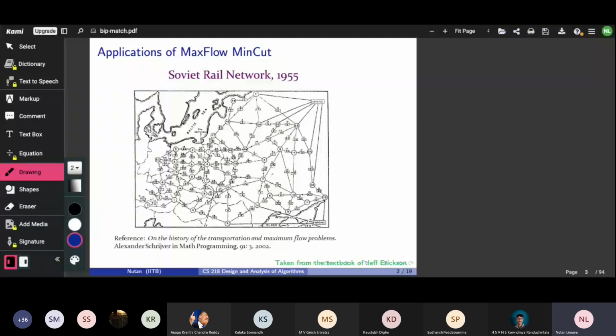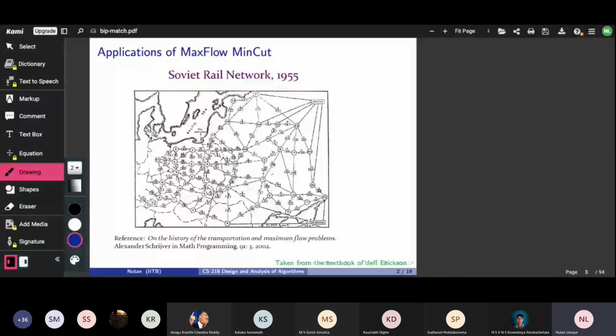I had told you about this Soviet rail network where the American people were trying to find out which among these links in this network they can disrupt in order to disrupt the flow of goods from East Europe to Russia. So this was a very practical situation where the problem arose, and this can be thought of as one real-life application of the Max-Flow-Min-Cut theorem.